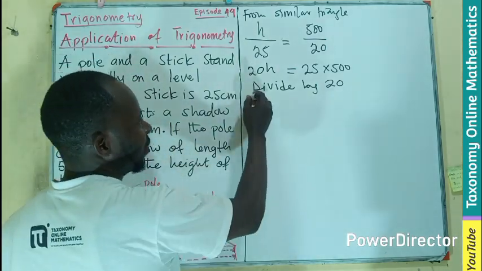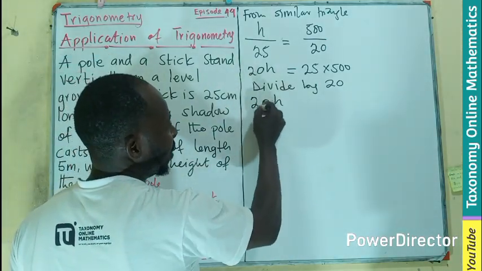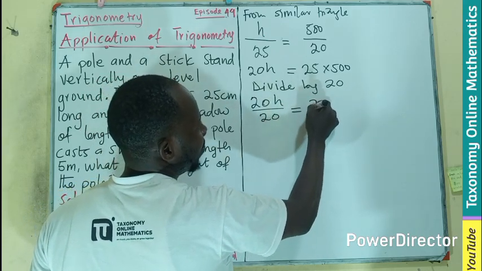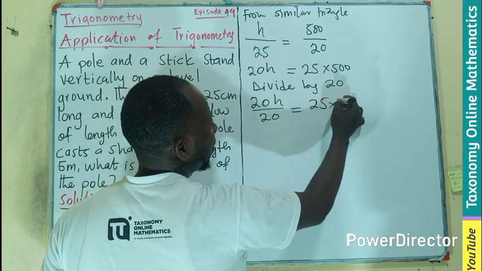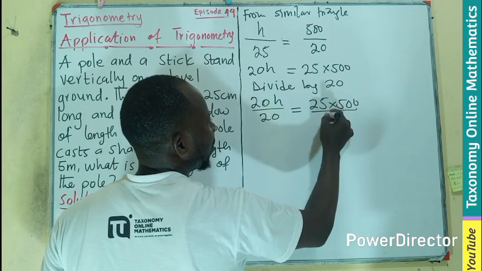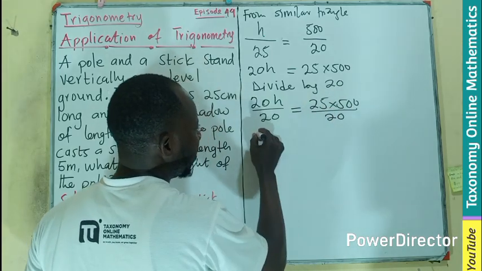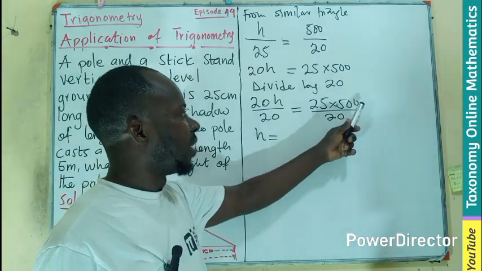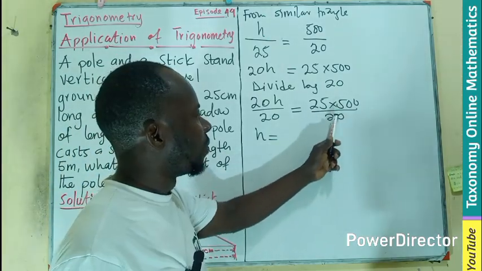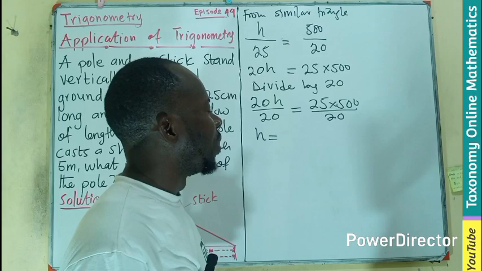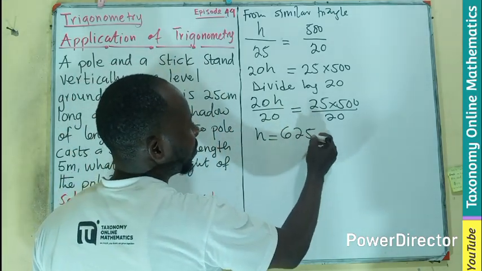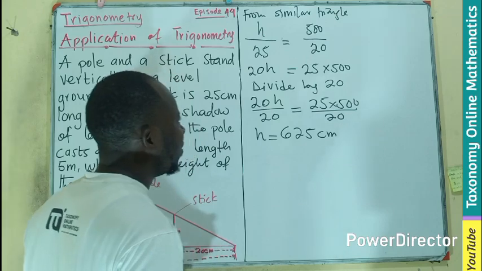So 20h over 20 equals 25 times 500 over 20. So h equals, remember this 0 will cancel this, so you'll be left with 25 times 25, and that will be 625, all in centimeters.